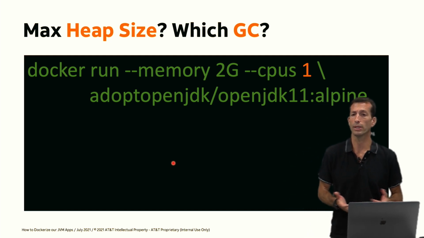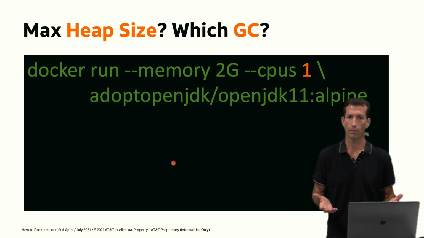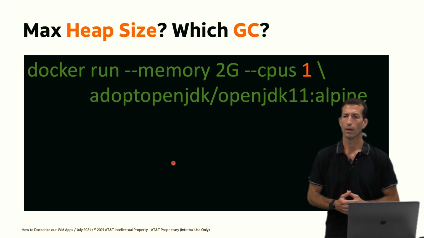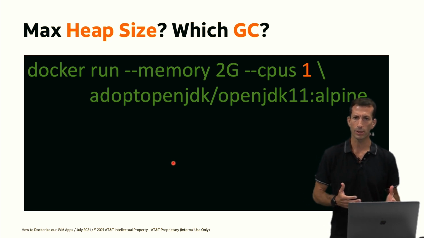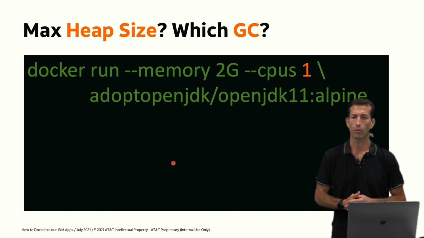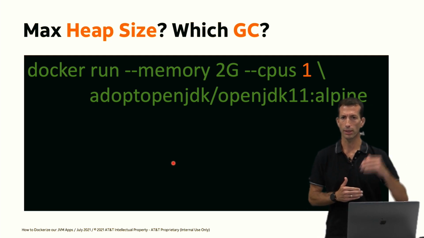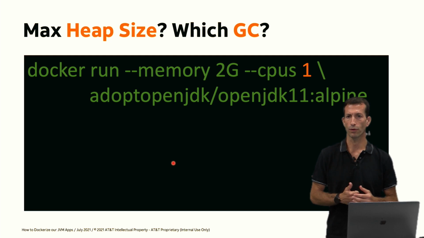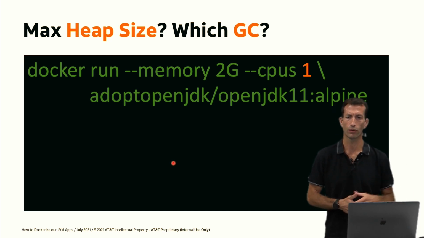Another thing is that we saw that by default we're using 25% of our RAM, which is pretty low. I recommend using anywhere between 50 and 70% of the RAM. We'll soon see how best to achieve that. But we always want to leave space for native memory. That's for the metaspace that is used in JDK 8 and above, which is what we're using. Metaspace has class definitions.